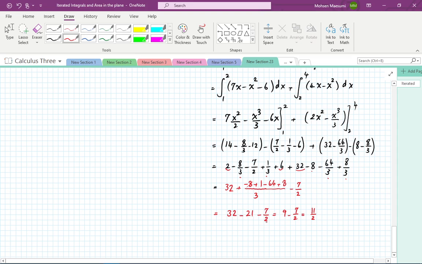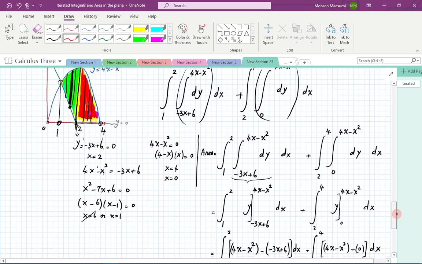Oh well, sorry for that, another mistake here. Of course, 32 minus 21 is 11, and okay, that was embarrassing. So 15/2 becomes the area calculated in this style.